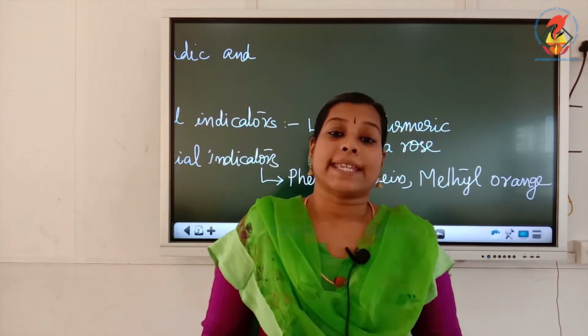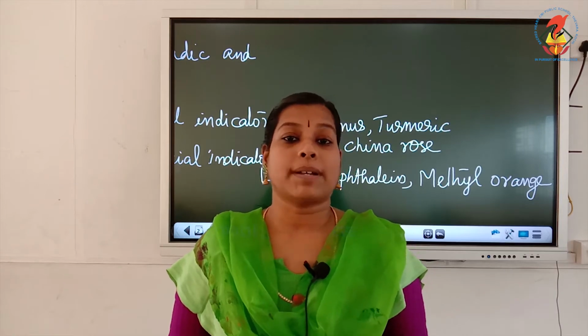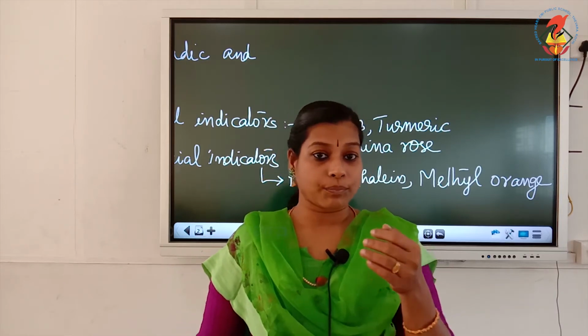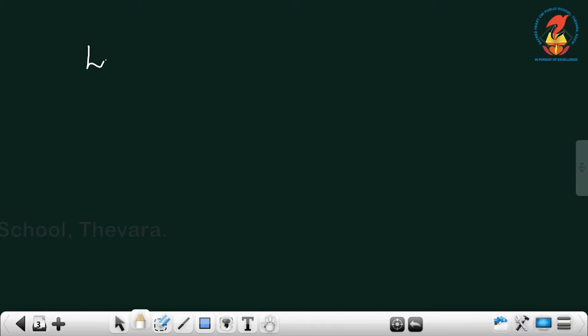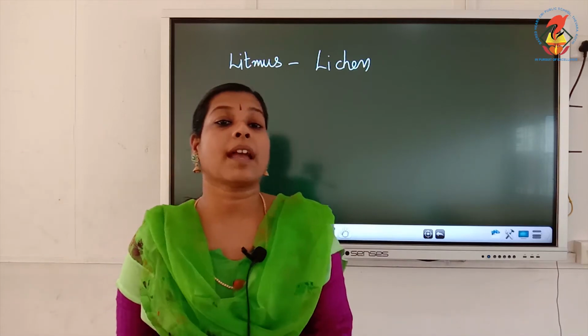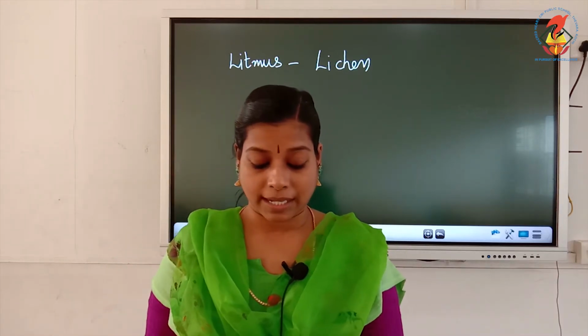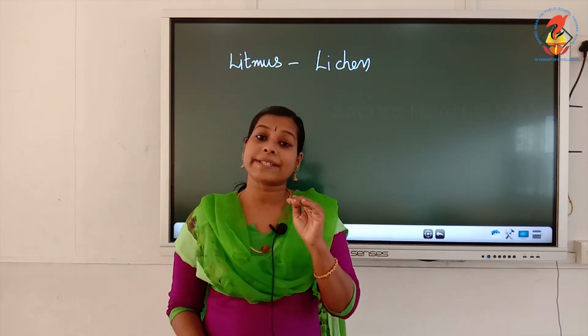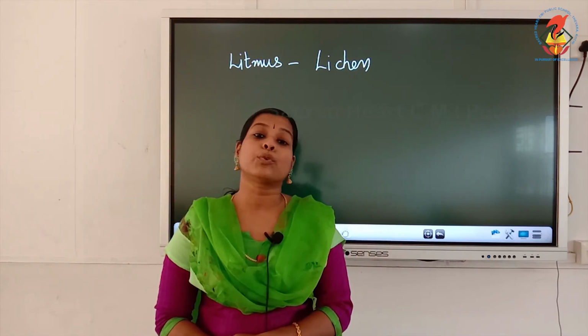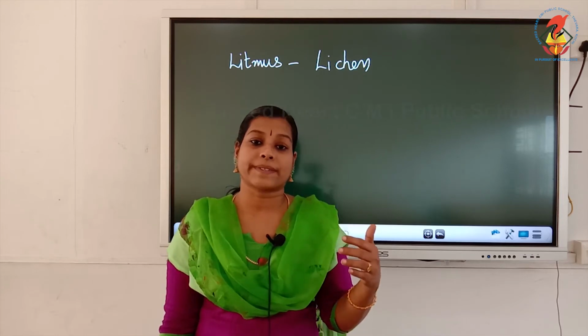Now we can see about litmus. Litmus is obtained from a small plant, that is lichen. So, lichens are giving us a colored material which is known as litmus, and this litmus is available in two different forms.